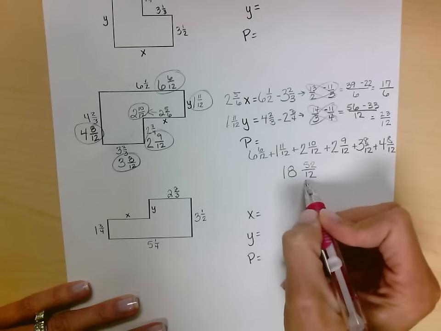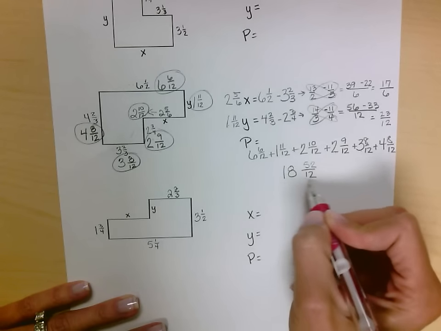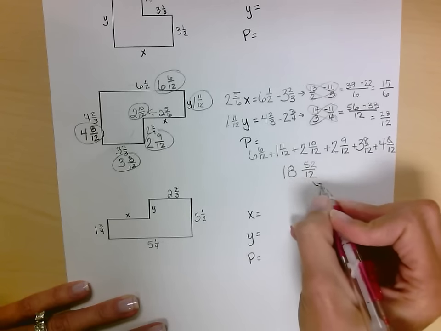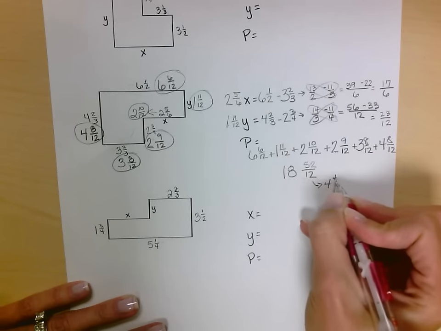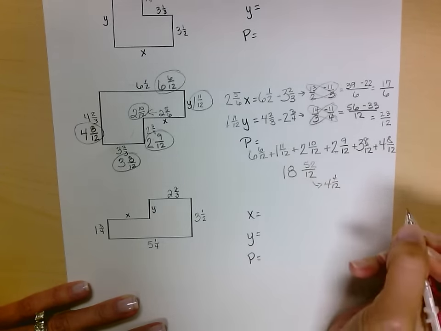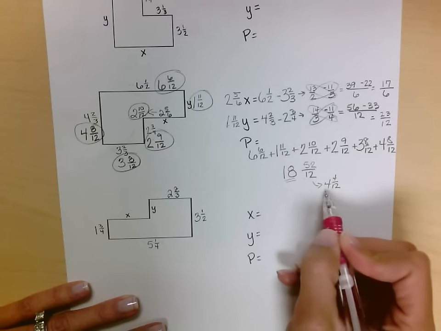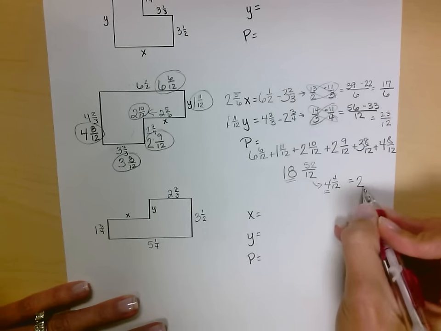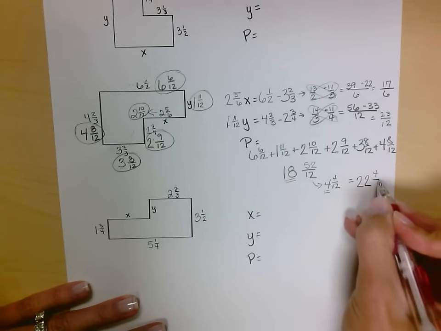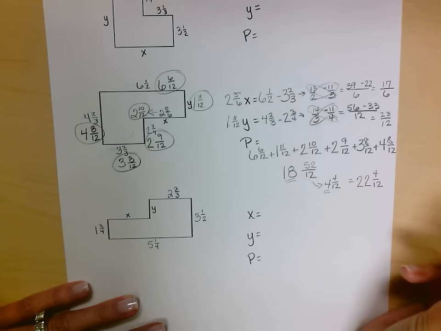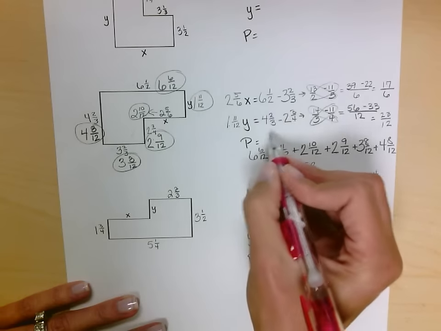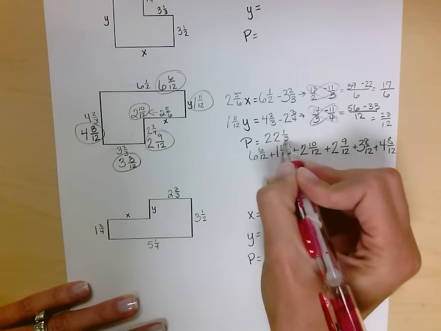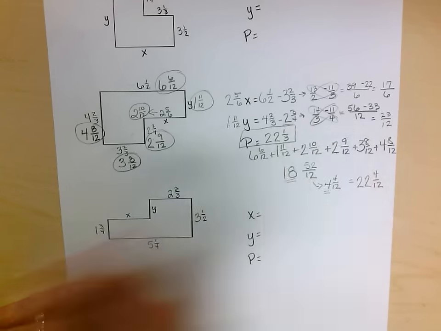Since right here we have an improper fraction, we're going to change it. 12 goes into 52 4 times with 4 left over. So we add our two whole numbers together. 18 plus 4 gives me 22. And 4/12. We can reduce this fraction to get my final perimeter is 22 and 1/3.